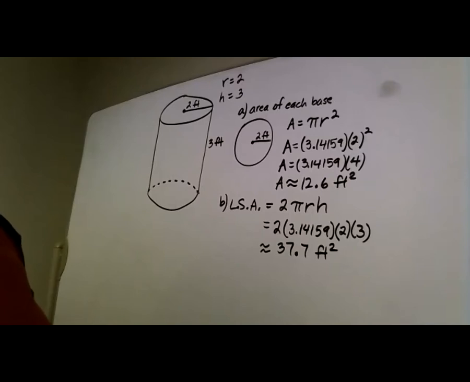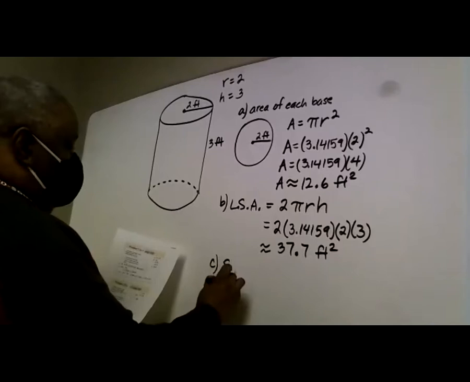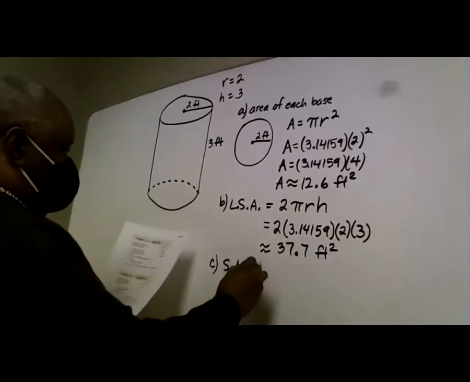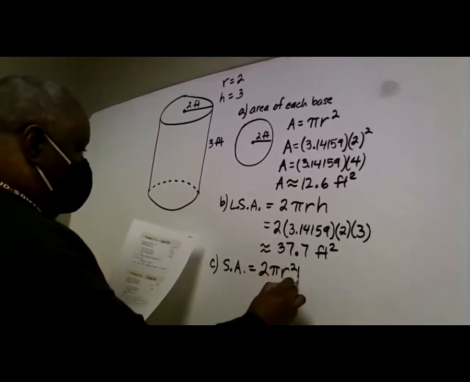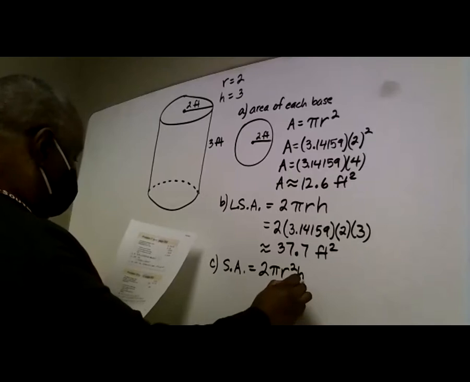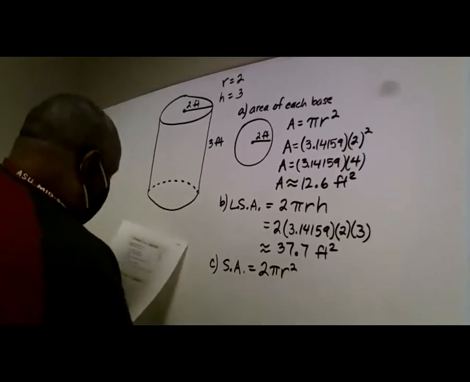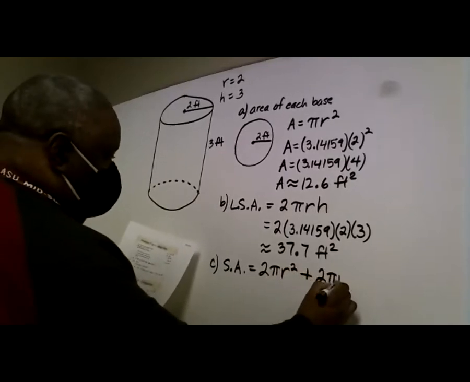And then finally, part C is finding the surface area of that cylinder. All right, so the surface area is going to be 2 pi times the radius squared plus 2 pi r times the height. That's the lateral surface area.